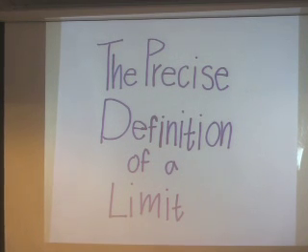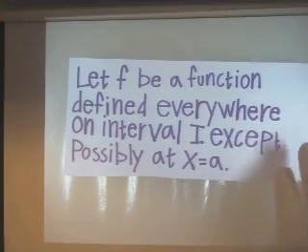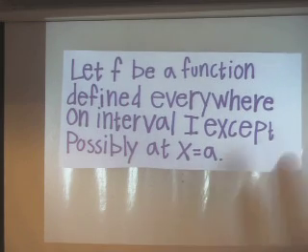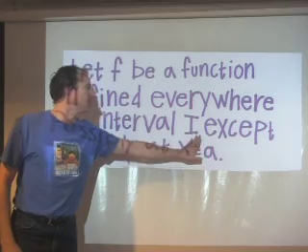To do that, we're going to think about a function that is defined for all values on some interval except at possibly one value. So we have an interval that contains the number a. We have an interval of x values.